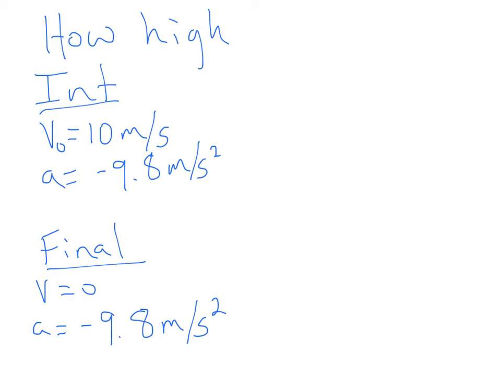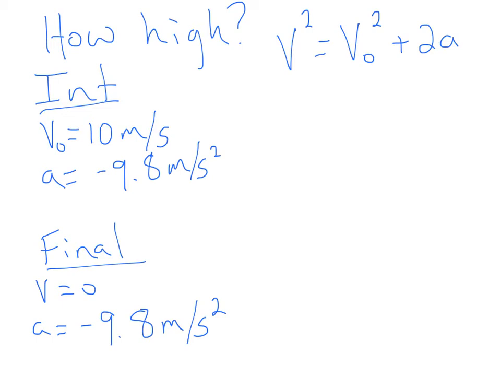So we need a kinematic equation that relates velocity, acceleration, and then since we want how high, displacement. And so that kinematic equation is the final velocity squared equals the initial velocity squared plus 2a delta x. And in the last section we used delta x, but that was for a lateral distance.